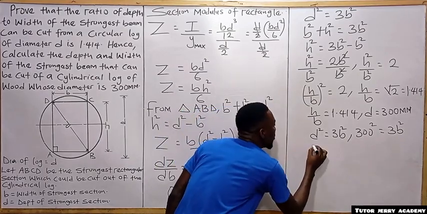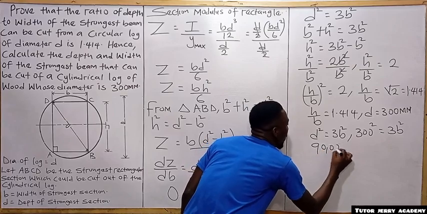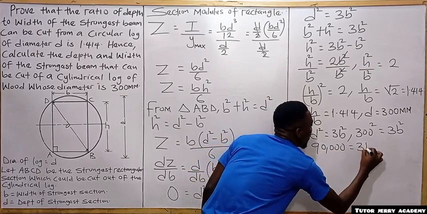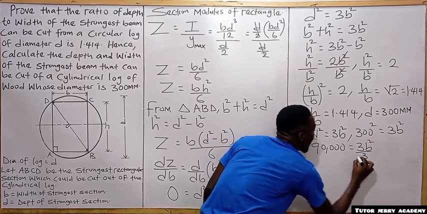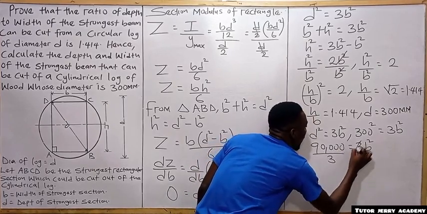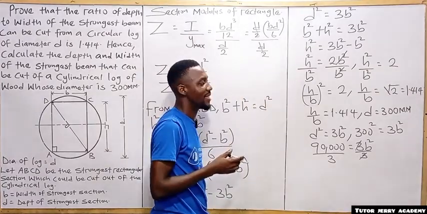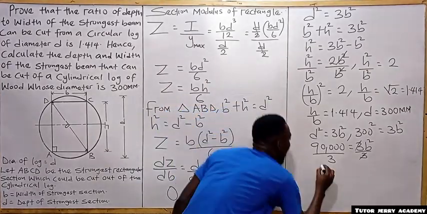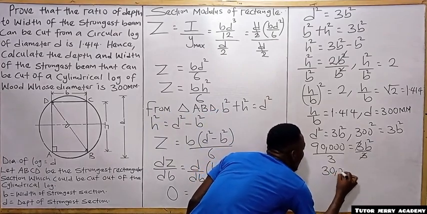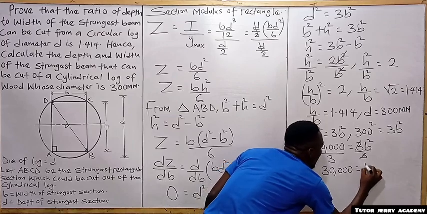So we are going to have 90,000 equal to 3b squared. If we divide both sides by 3, 90,000 divided by 3 is 30,000. So we have 30,000 equal to b squared.